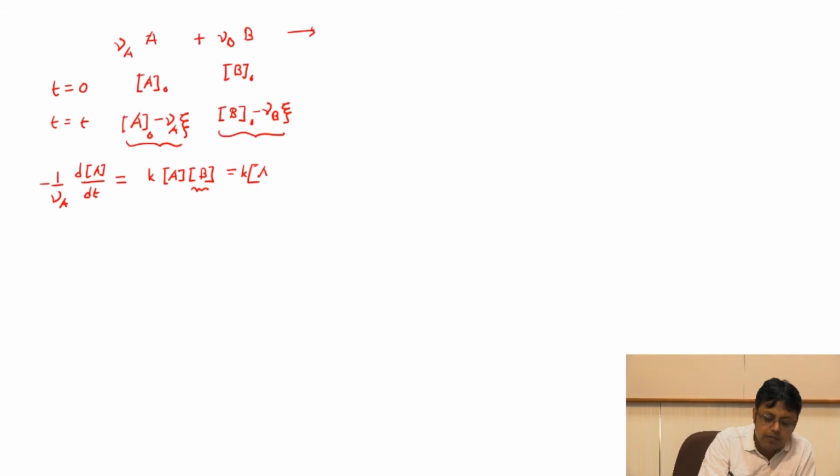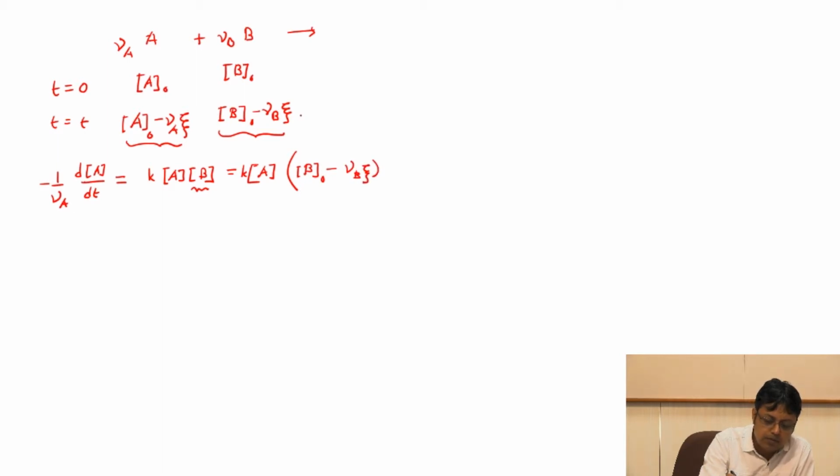So not variable, the variable is t, but that will integrate anyway. So writing it as k into a, and instead of b, we're just writing b0. Remember, b0 is a constant, minus nu b into xi.